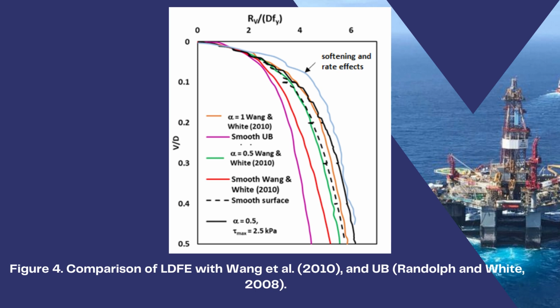We can see that the current analysis is a good match with the other cases presented by Wang and White, see this green line for alpha 0.5, and the purple line is with full friction.